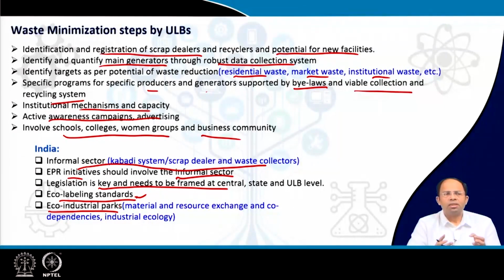Otherwise, if it is far away, either you have to transport it, which makes it unviable, or the product may be of such nature that it may not be transported, and we have to treat it locally. So all these issues are there. Industrial ecology is one area we can focus on and improve via setting up eco-industrial parks, where material and resource exchange and codependencies are considered while setting up industries, and we can set up industries which complement each other.